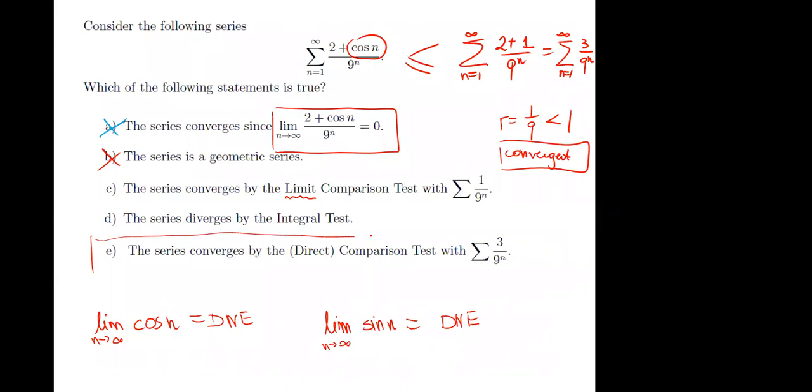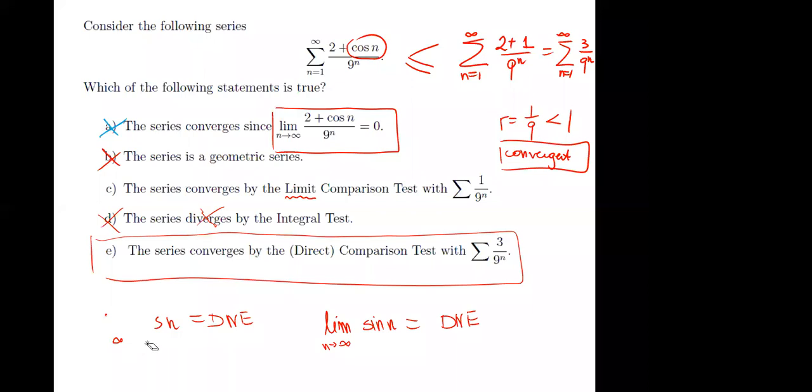That means I think it looks like that. And since I see convergence, I will eliminate this right away, because it doesn't diverge. And this one, just to be sure, let's actually see how the limit looks. Just to show you that it doesn't work.